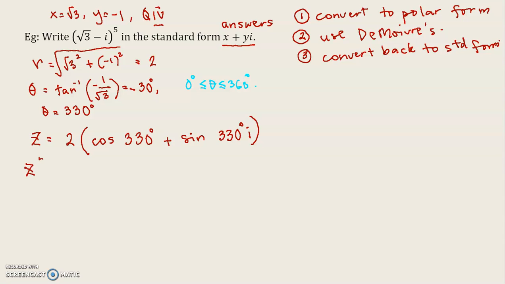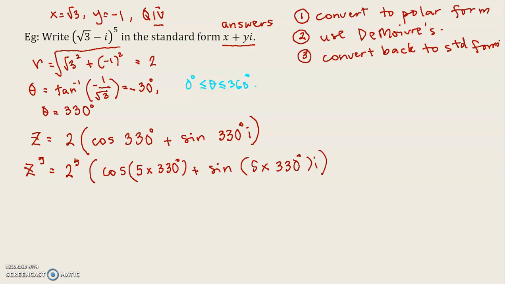Then we have to find the power of this complex number, raised to the power of 5. So it would be 2 power 5, and using De Moivre's theorem, cosine of 5 times 330 plus sine of 5 times 330i. 2 power 5 is 32, and 5 times 330 is 1650.